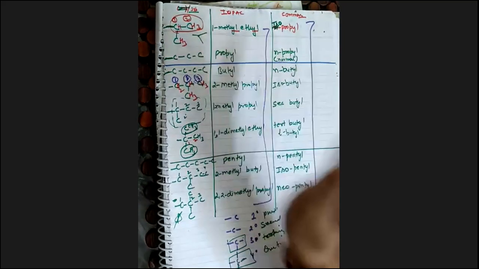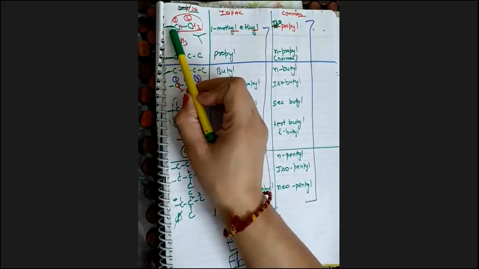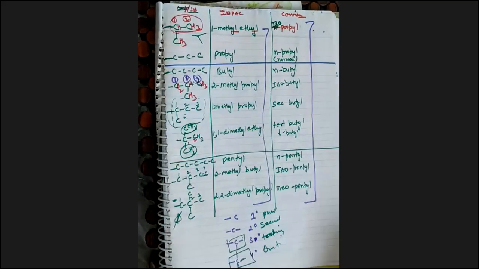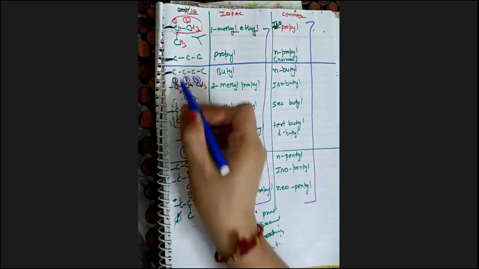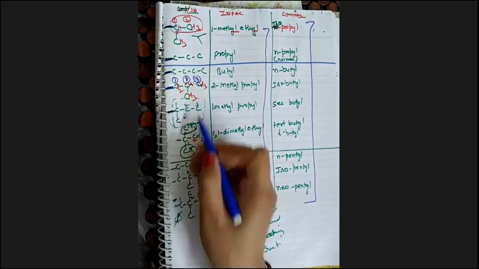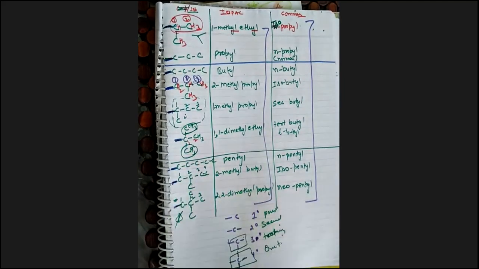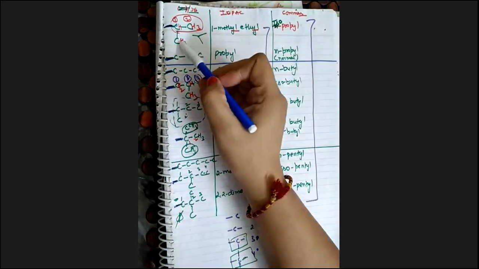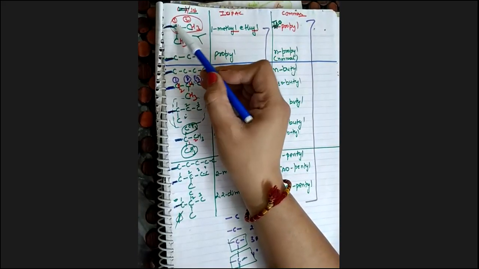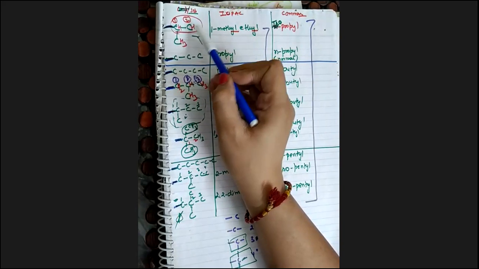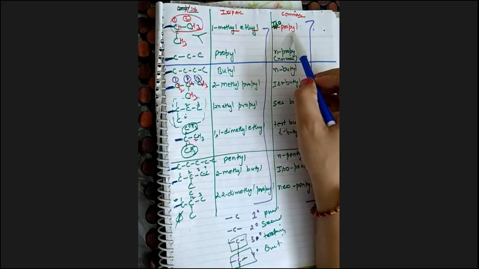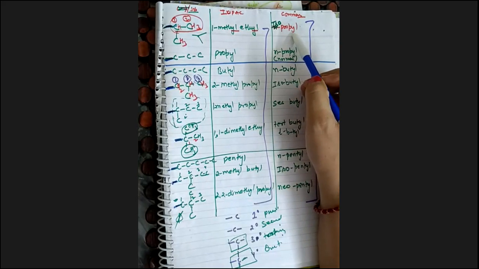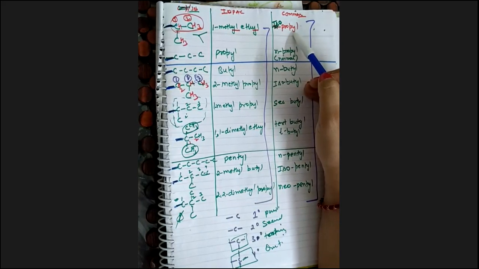Let me repeat the same thing again. If we have this type of arrangement, this bond means that this carbon is attached to the main chain from this side. I'm changing the color. When your carbon is attached with these two carbons and with the main chain, you will write it as iso. And in the common name, we will count all the carbon chain which is present there.